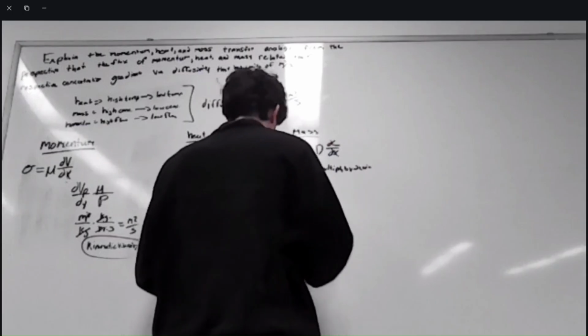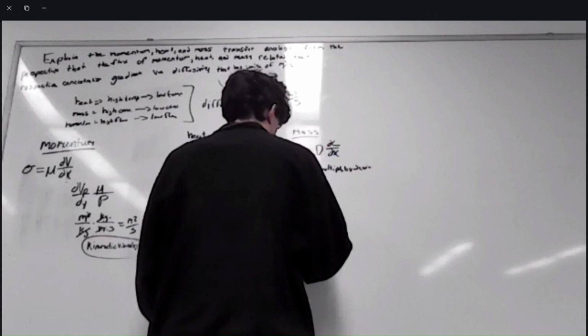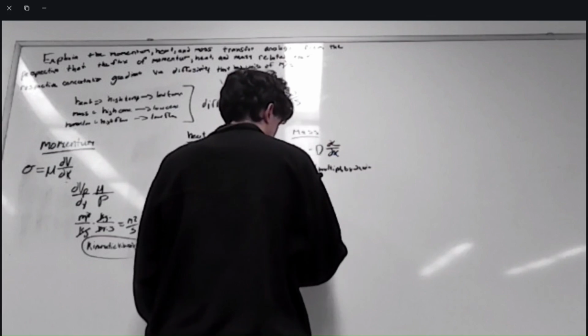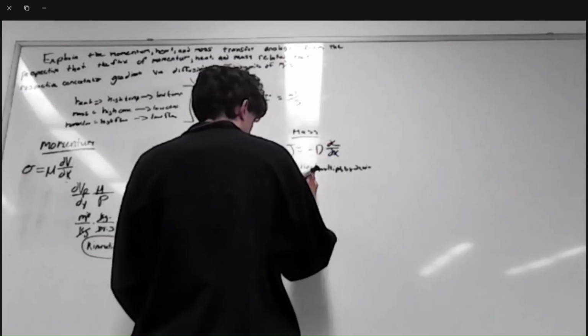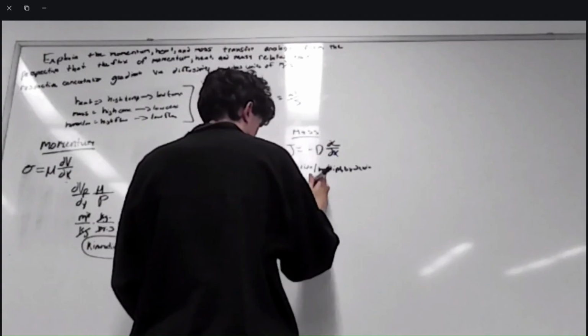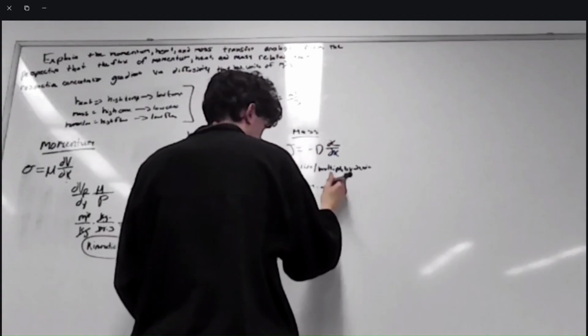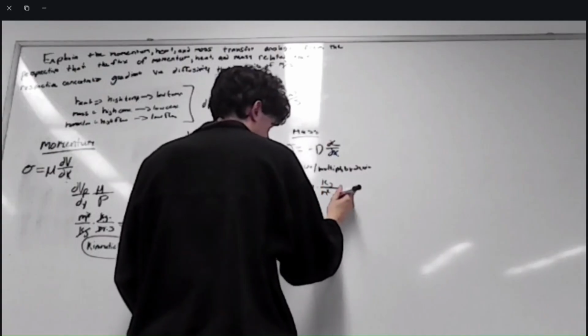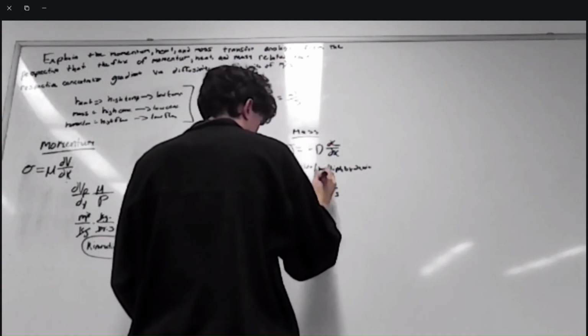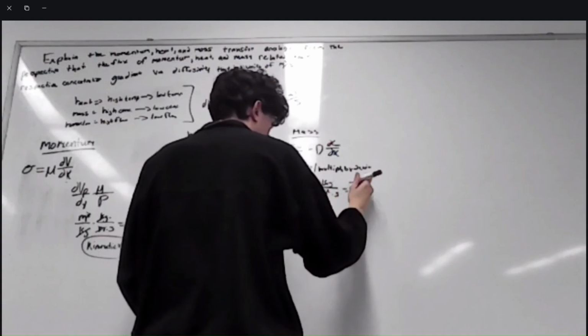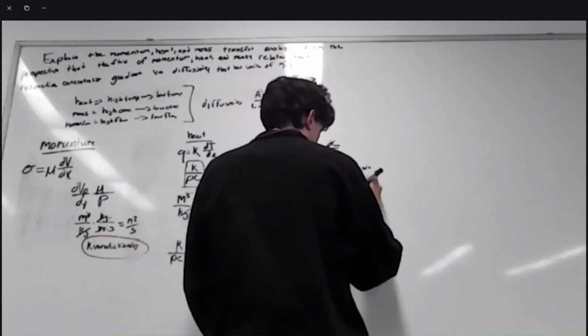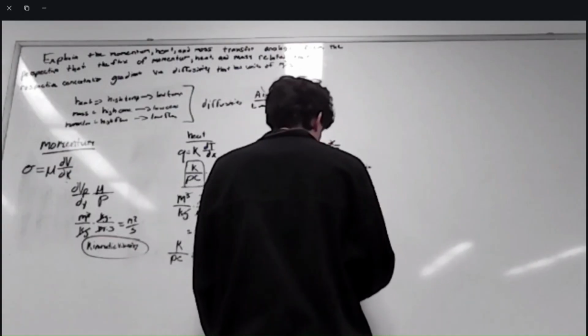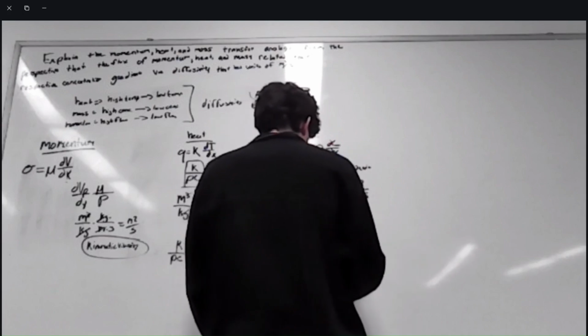Sorry, excuse me, dividing by density. So this meter squared will cancel out. This kilogram will cancel out, giving us meters squared per second, or our concentration diffusivity.